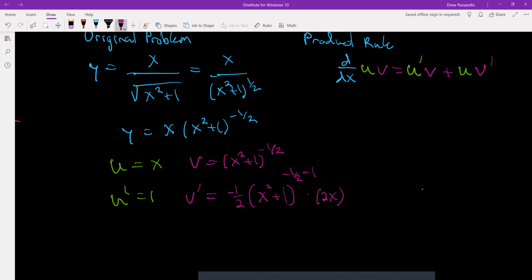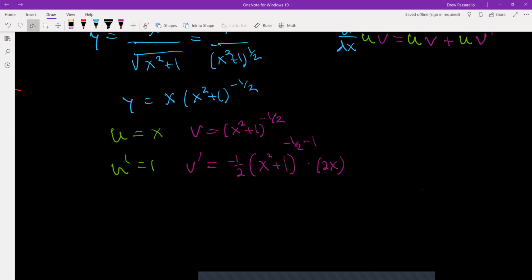Again, that's the derivative of the inside function. All right, so then I can do -1/2 times 2 to get those 2's to cancel. So I have -x, and then I have x squared plus 1, and then I do -1/2 minus 1. Well, that's -3/2.